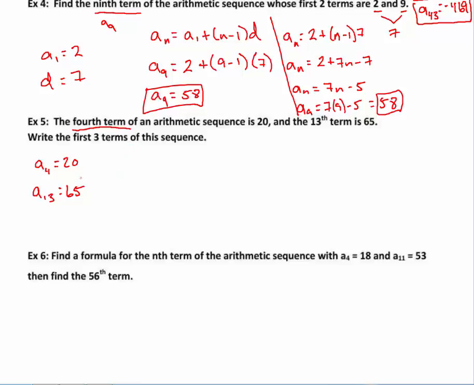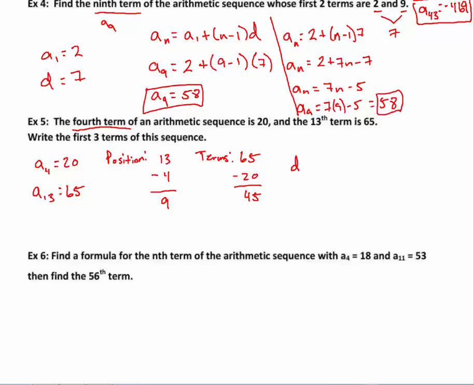Well, a way to think about this is what these numbers mean. So the position of these terms, we have the 13th term and we have the fourth term. If we subtract them, that tells us there's 9 terms between them. Now our actual terms are 65 and 20. If we subtract them, that tells us that there's a change from the 13th term to the fourth term of 45.